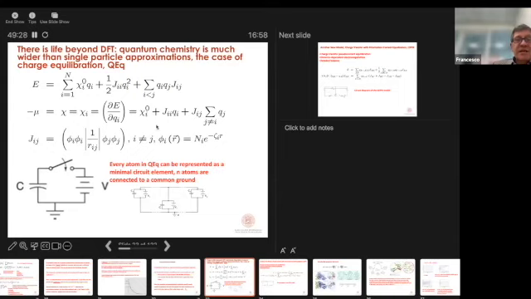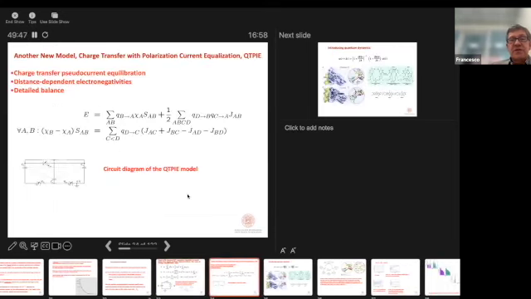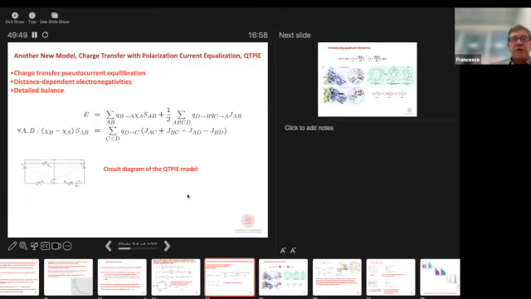And it can be shown that at the end of the day, I can describe molecules using electron affinity and ionization potentials, which are quantum mechanical quantities, in terms of a minimal circuit element. People have been doing this, and there are a number of applications that are coming around these days.